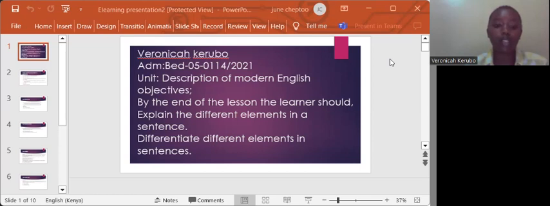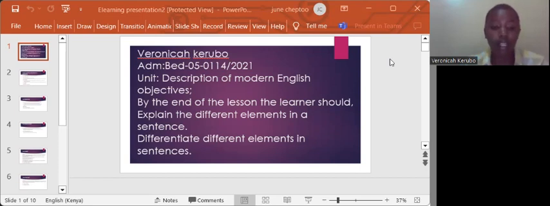Today, I'm going to take you through the unit description of modern English. The objectives of this unit are, by the end of the lesson, the learner should explain the different elements in a sentence.